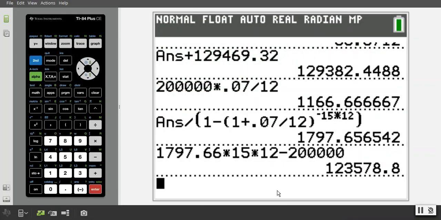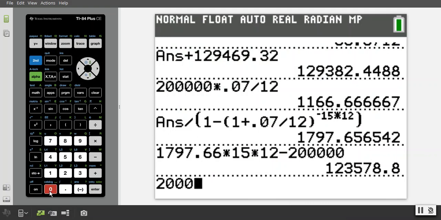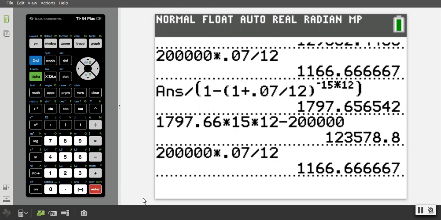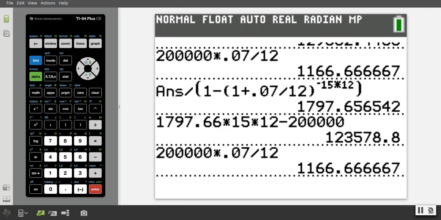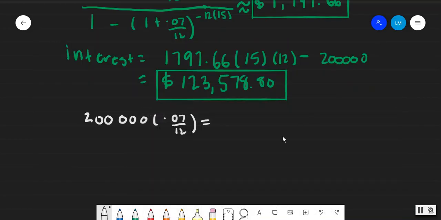So we take the 200,000 and multiply by 0.07 divided by 12. We unfortunately need to round, so we have 1,166.67. That's the amount that's due.